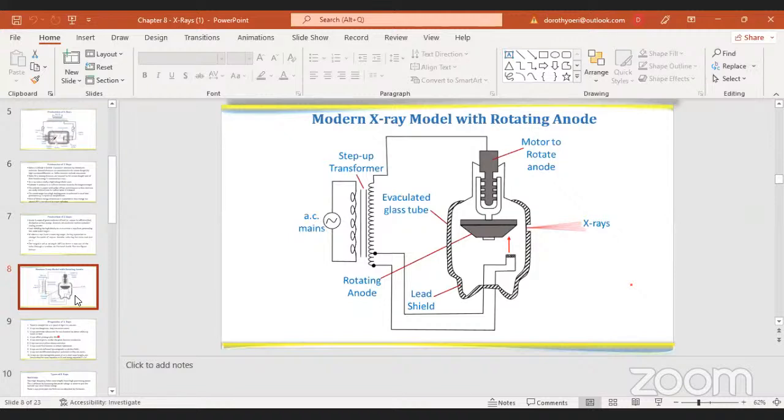The anode is rotating, and I've indicated that it rotates to reduce the wear and tear. The glass tube is still evacuated. We still have a lead shield, and there must be a reason why lead is used.